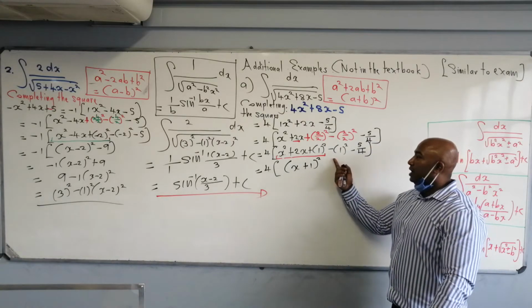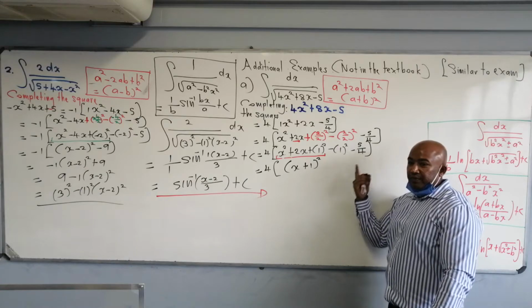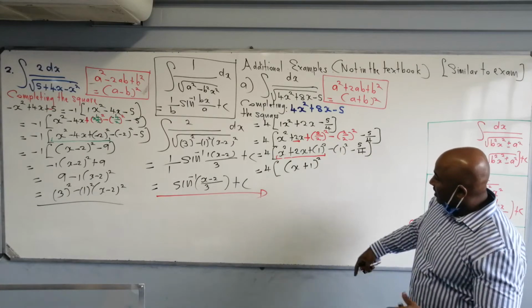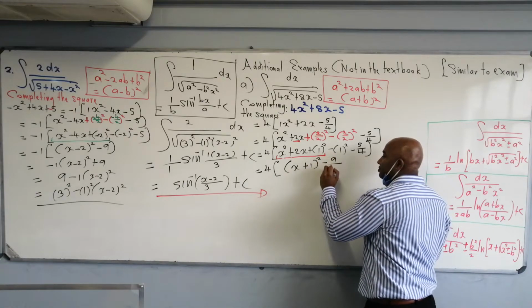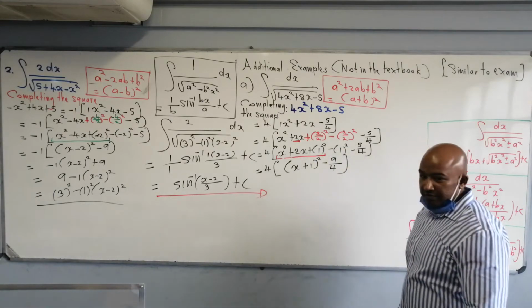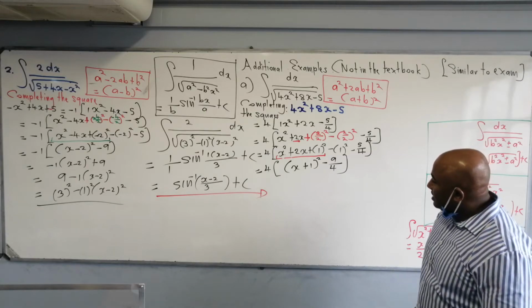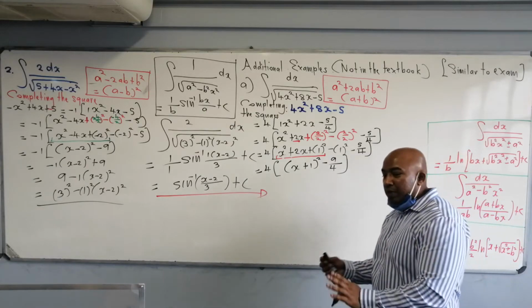Now you're going to work this part out here. Take your calculator and work it out. This is going to be minus 4 over 4 minus 5 over 4, which is minus 9 over 4. You got that? Now, there's 2 options.